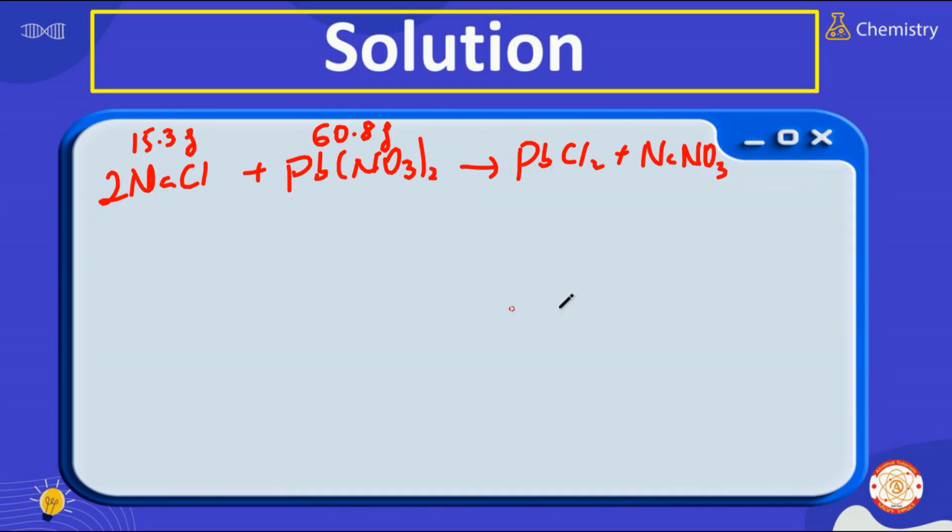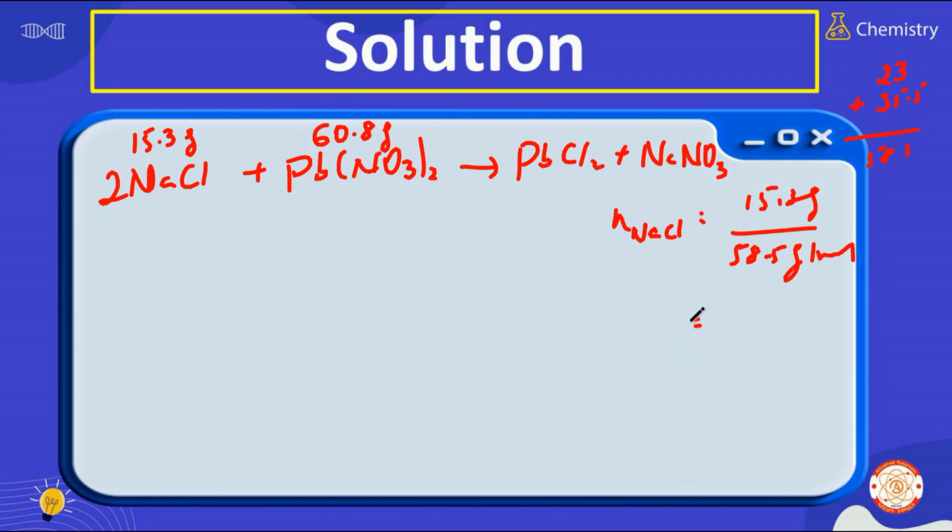The first step is let us convert this to mole. Mole of sodium chloride: 15.3 gram over, let us calculate the molar mass of sodium chloride. Sodium is 23 plus chlorine 35.5, which gives 58.5 gram per mole.